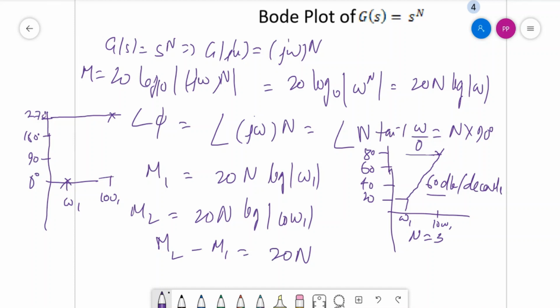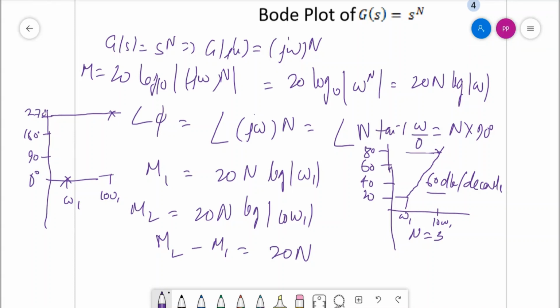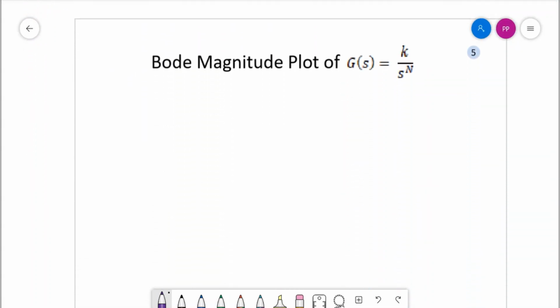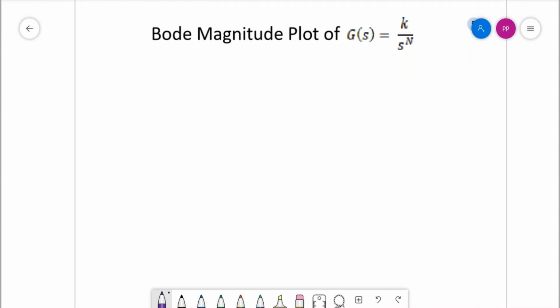Accordingly, we can draw another example, which is a little different and is the basic problem in drawing the Bode plot. Let us try the example G(s) equal to k divided by s power n.